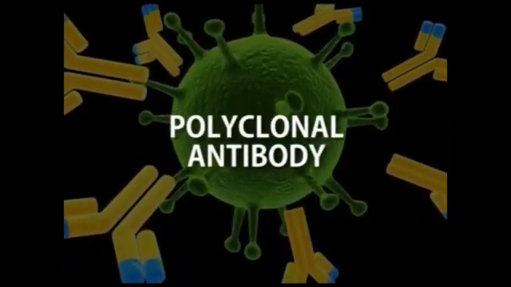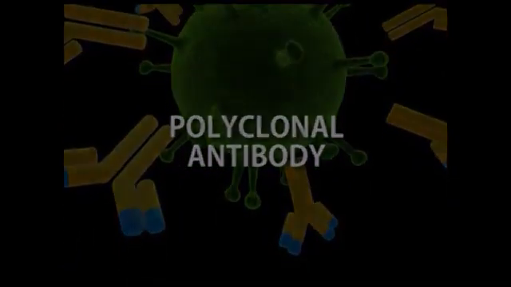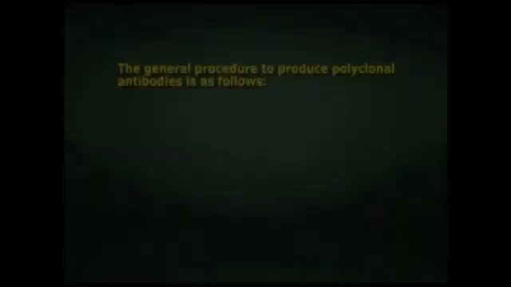Coming to polyclonal antibody. The first step of polyclonal antibody production is to immunize a mouse, rabbit or goat with antigen to produce antibody against that antigen. The polyclonal antibody that is produced is then drawn from the blood of the animal.